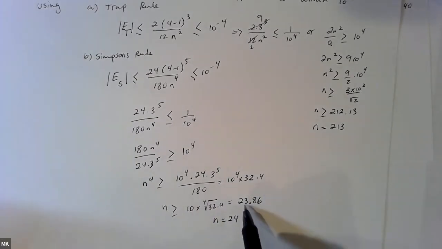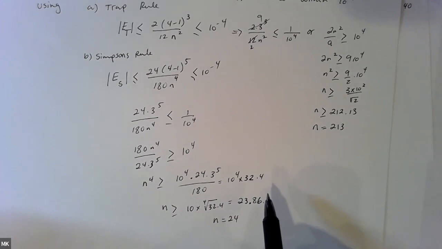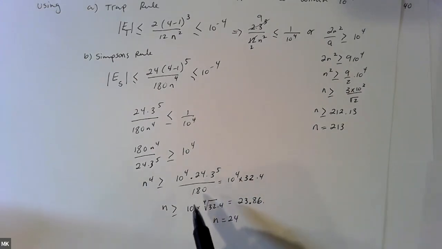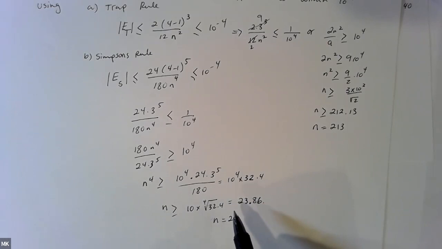Now, if this had turned out to be 22.86, you round it up, you get 23. 23 is an odd number. Simpson's rule requires an even number. So I have to go to the next number, which is 24. So you always go for Simpson's rule to the next higher even number.